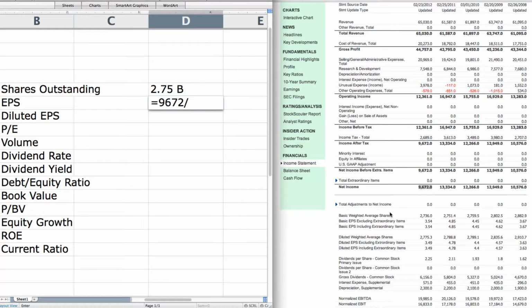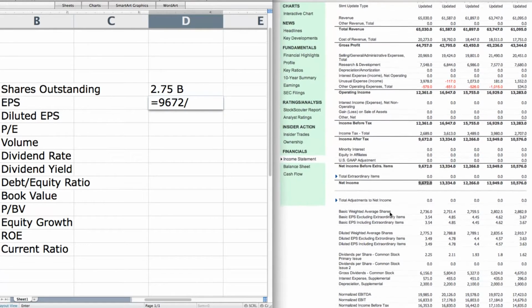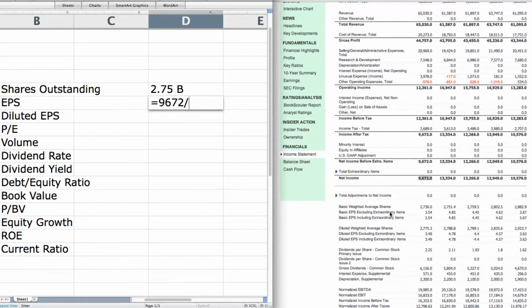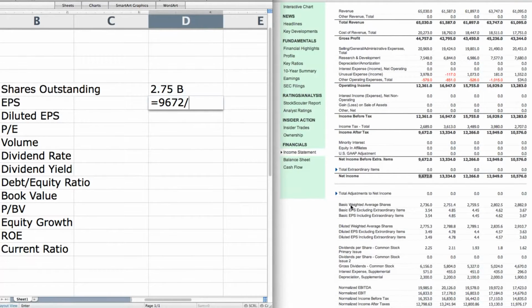So I have to go down and look at how many shares outstanding there are for this company. Here's the basic weighted average shares, which is our number for the number of shares outstanding, and that's 2,736. That's actually 2.7 billion shares. Since we chopped the zeros off the net income, we're going to go ahead and chop the zeros off of the number of shares.